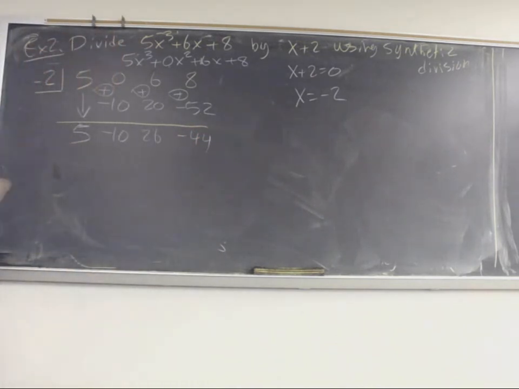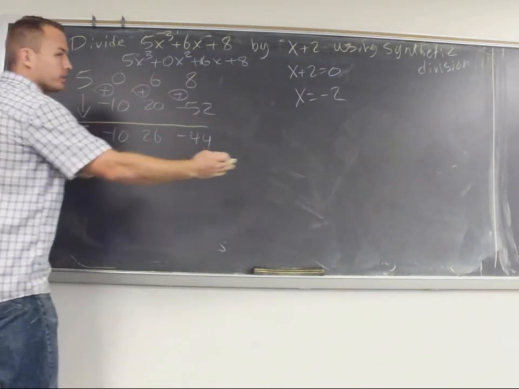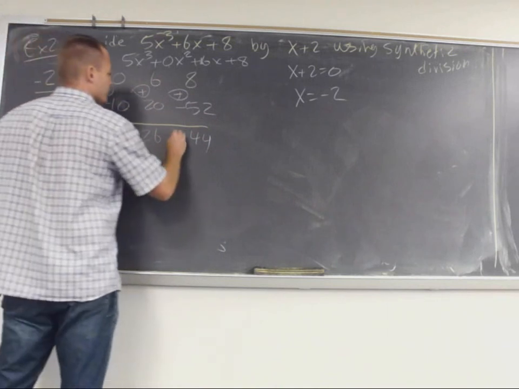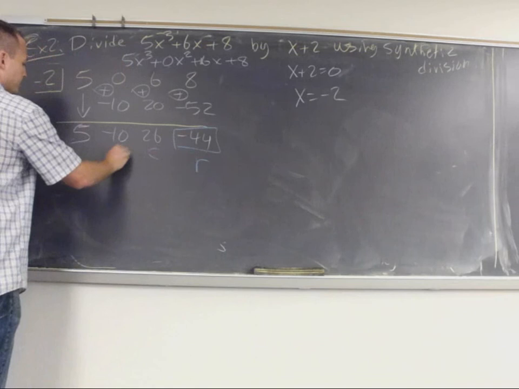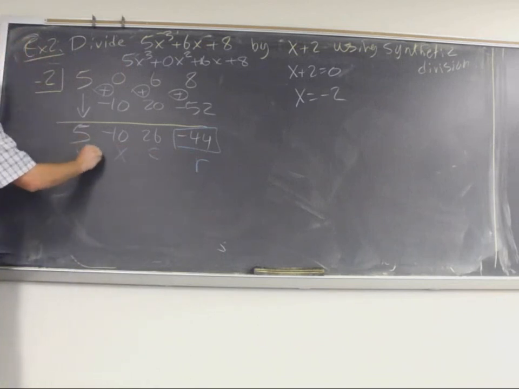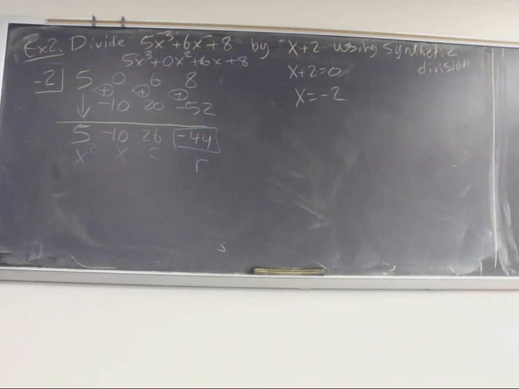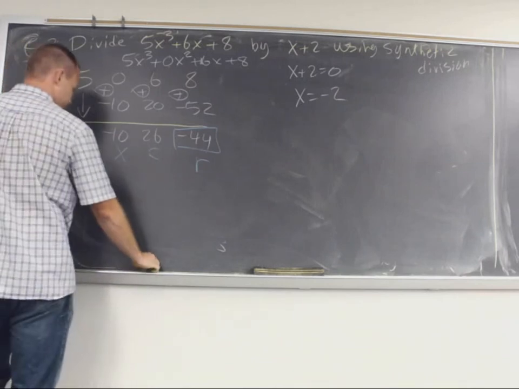And so now it's just writing our equation out here. So go ahead and try to do that yourself and look at the previous example. Start on the far right and work your way back to the left. This is R. This is my constant. This is my x. This is my x squared. X cubed, x to the 4th, x to the 5th, and so on. I stop here because that's where my number stops.